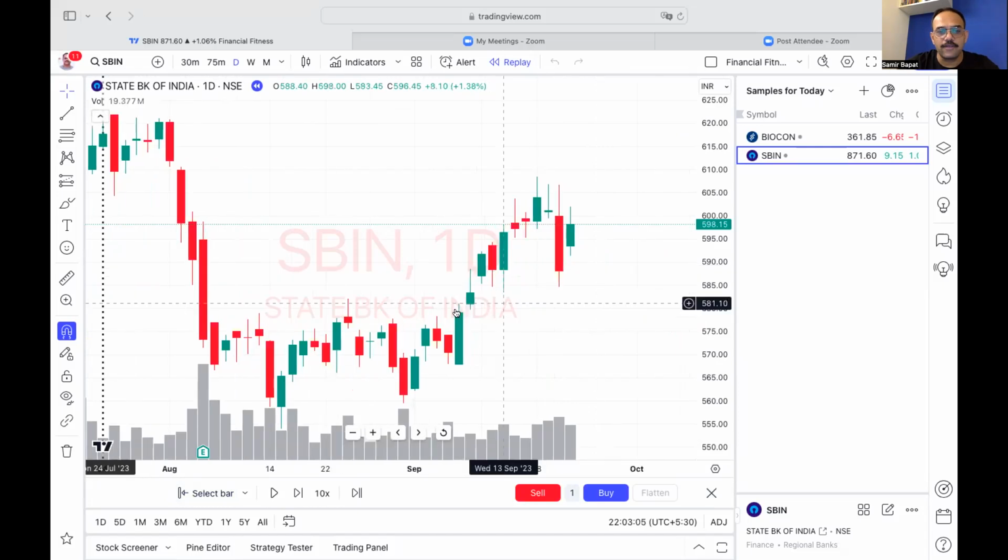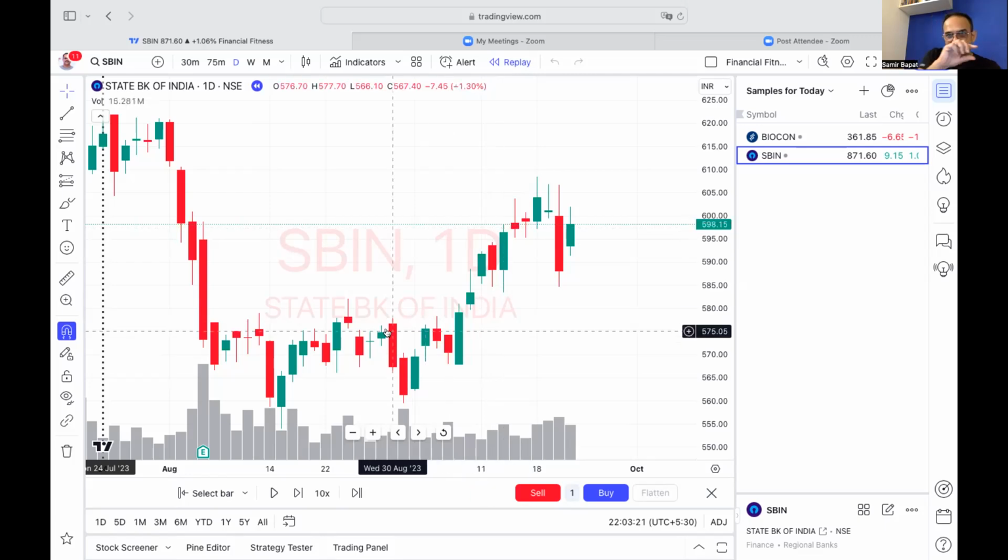Now, see, when you are coming here, see this wick size here. When it is starting from here, see the wick size here. Upper wick size here, upper wick size here. This is longer, but then this is small, this is small, this is small. So 1, 2, 3, 4, 5, 6, 7. When the price is at the bottom, upper wicks are smaller.